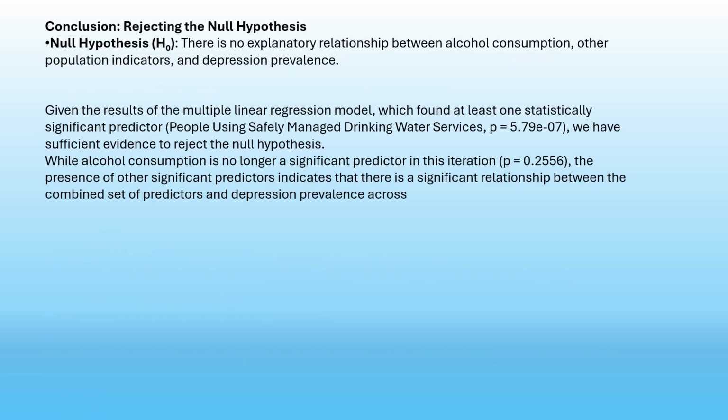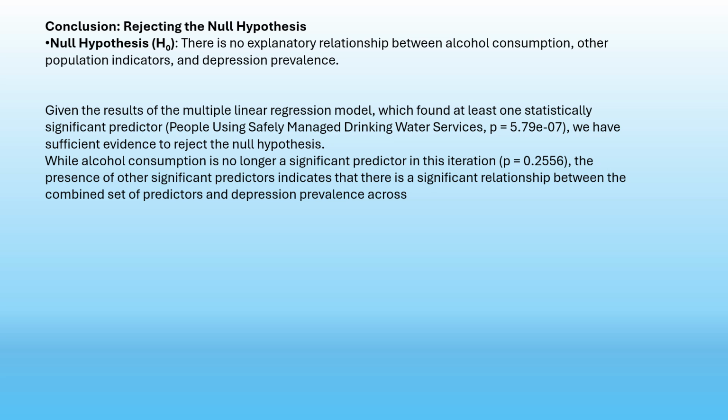And then, in conclusion, we're going to reject the null hypothesis. Just as a reminder, the null hypothesis was that there is no explanatory relationship between alcohol consumption and other indicators and depression prevalence.